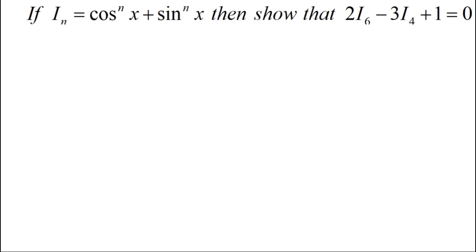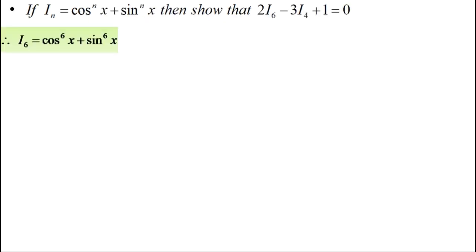Now first find the value of I6. I6 equals cos to the power 6x plus sin to the power 6x, which is equal to (cos square x) whole cube plus (sin square x) whole cube.